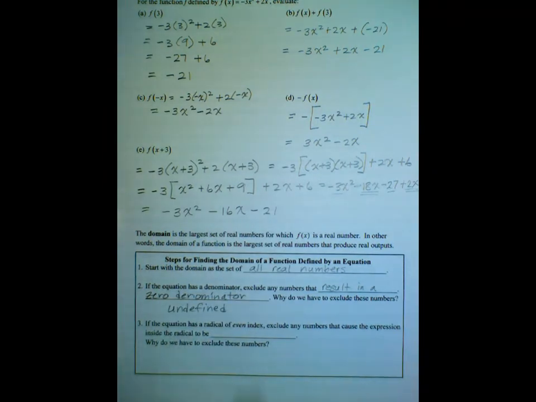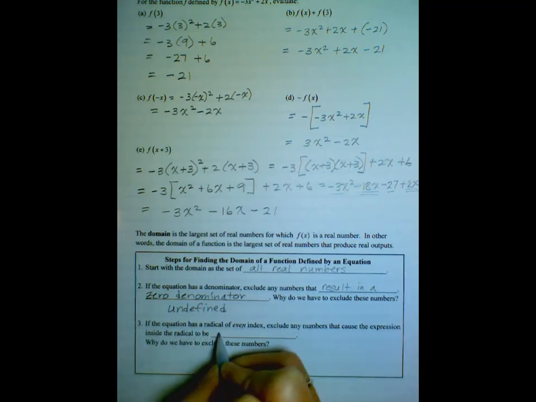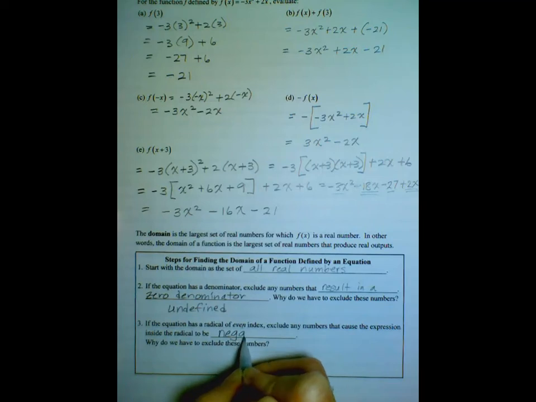The other thing we'll look for: if the equation has a radical of even index, what does that mean? Square root, fourth root, sixth root, eighth root. I mean, we're not going to see those that high, but that's what we mean. Not cube root, not fifth root, even index. We'll exclude any numbers that cause the expression inside the radical to be negative, because we are looking for real numbers.